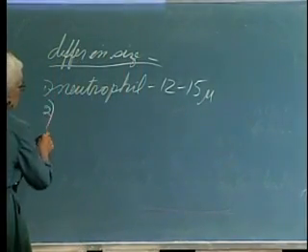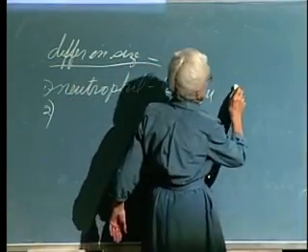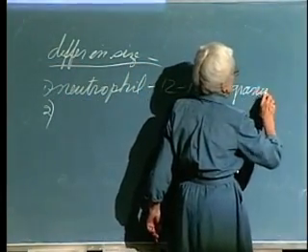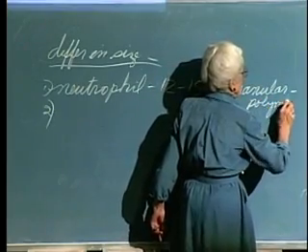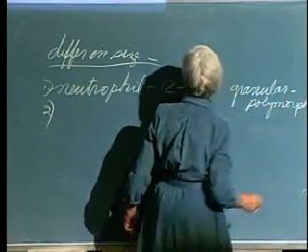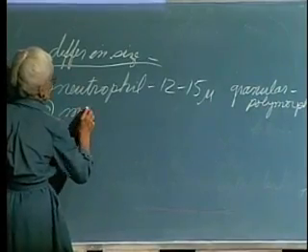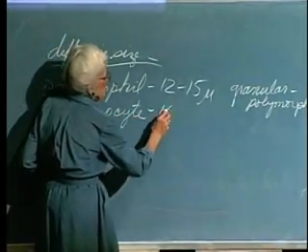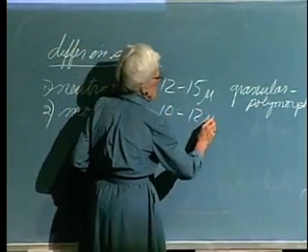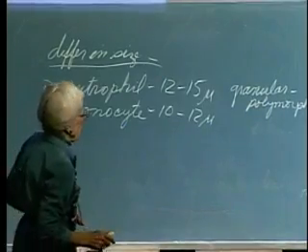A neutrophil will be a granular polymorph. The next size is the monocyte, about 10 to 12 micra, and it is agranular.